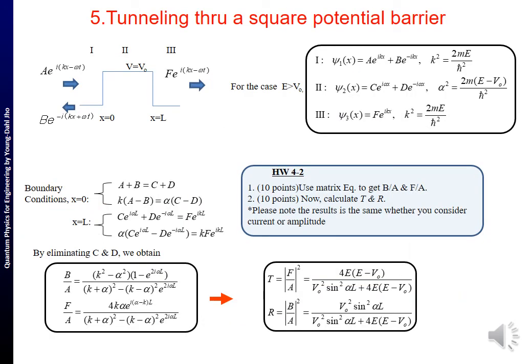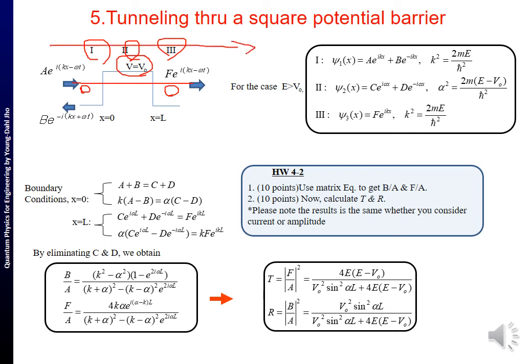Alright, so tunneling through a square potential barrier. So there is a square potential barrier. The region is split into 1, 2, and 3. And here potential is 0, potential is 0, and potential is V0. And we will consider both the bound state where energy is smaller than V0 and the unbound state where energy is larger than V0.